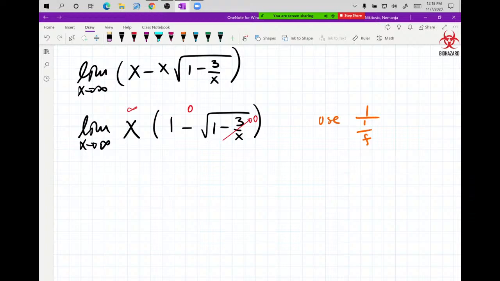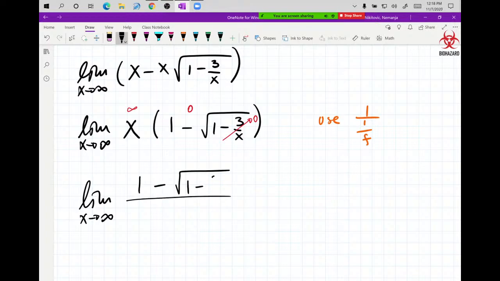So now, when I use that transformation, I have limit x goes to infinity, 1 minus the square root of 1 minus 3 over x, and then this is 1 over x, because this first function I decided to put down into denominator.